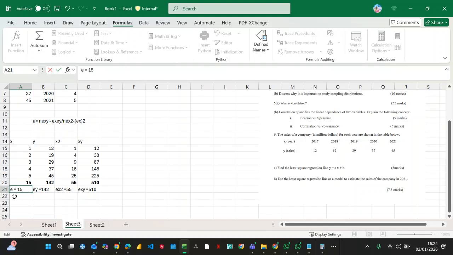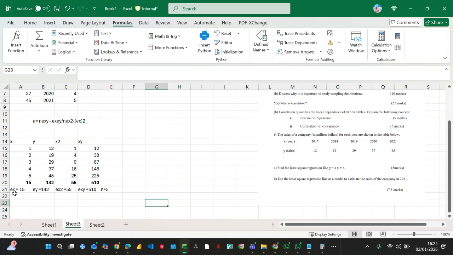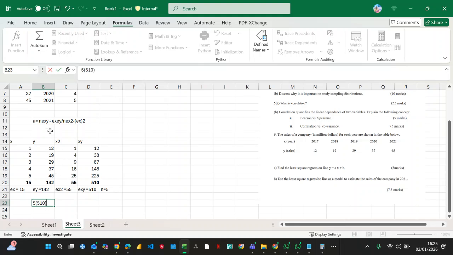Because now we have found our A. We found A, we need B. Now let me just show you. For you to find the B is very simple. To get the B is the simplest formula.